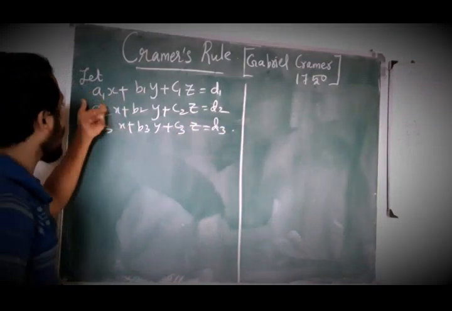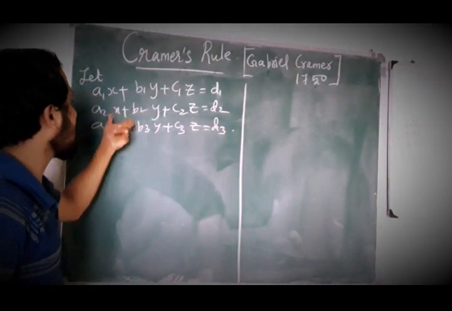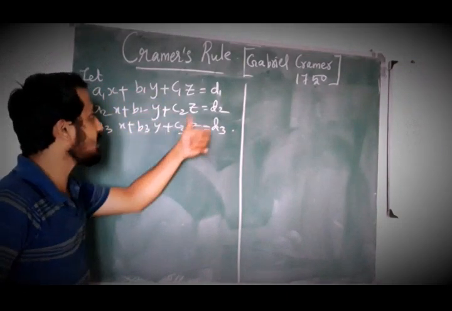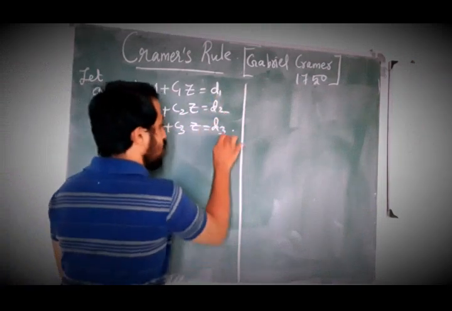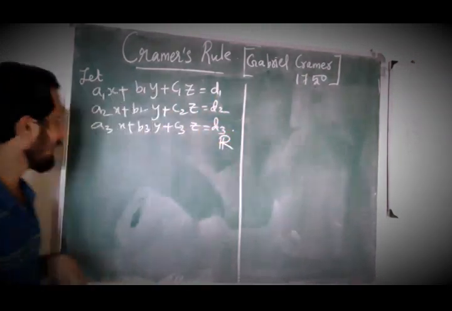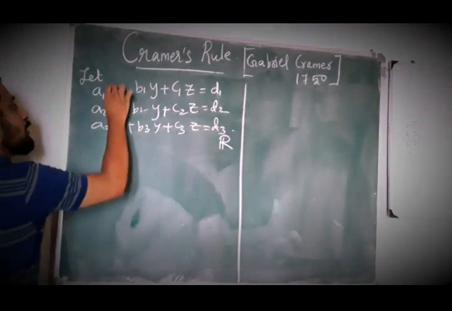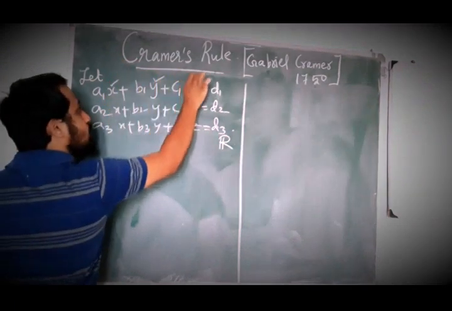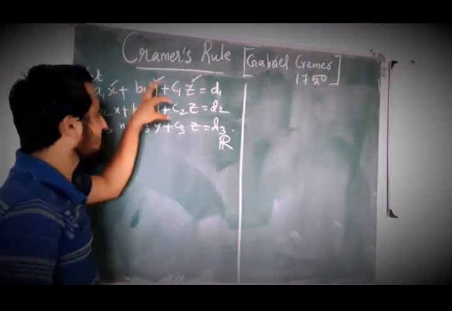All these constants a1, b1, c1, a2, b2, c2, a3, b3, c3, d1, d2, d3 belong to real numbers. Then if you want to find the unknown variables x, y, z, here we have three unknown variables.